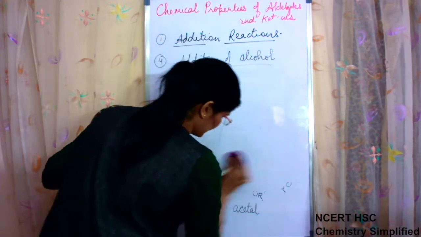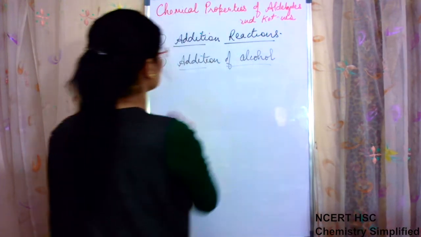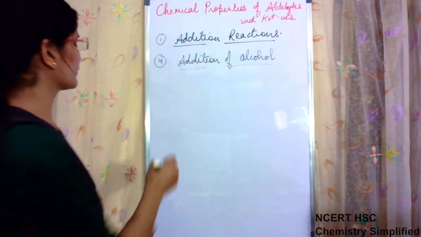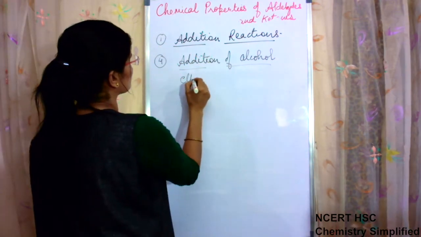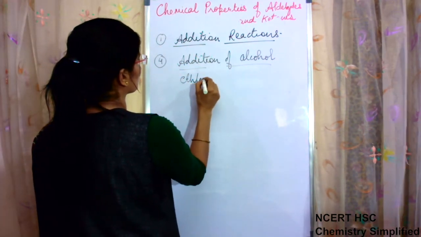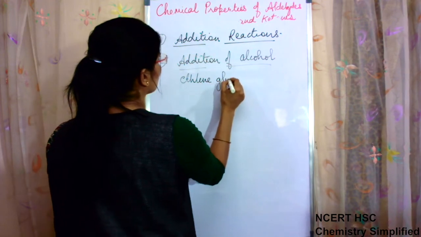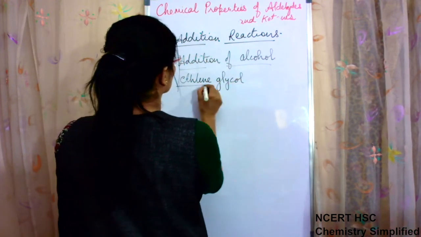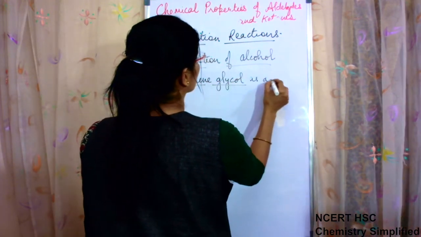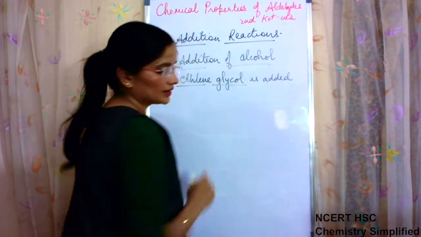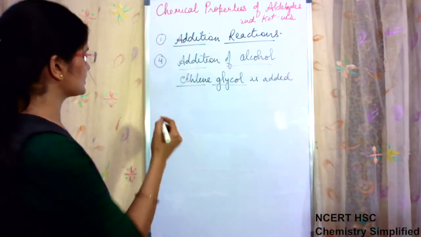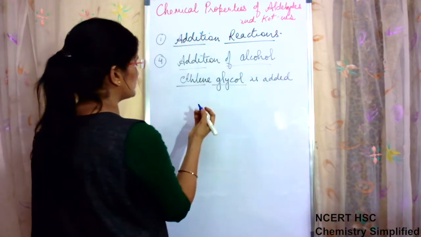Now under the same heading, addition of alcohol, when ethylene glycol is added, then both of them will give this reaction. How is ethylene glycol added? First, what is ethylene glycol?